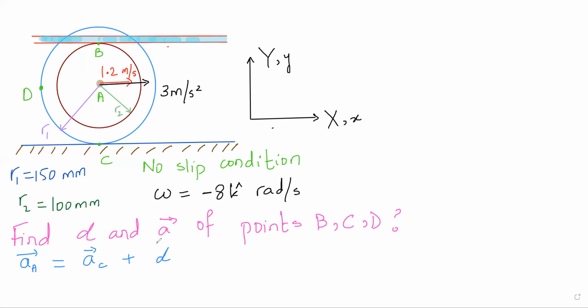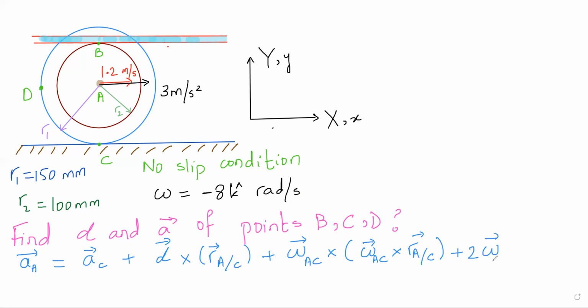tangential acceleration, A with respect to C. Then normal acceleration, omega AC cross omega AC cross the position vector of A with respect to C. Then Coriolis acceleration, whose physical interpretation is still to be done in this class.